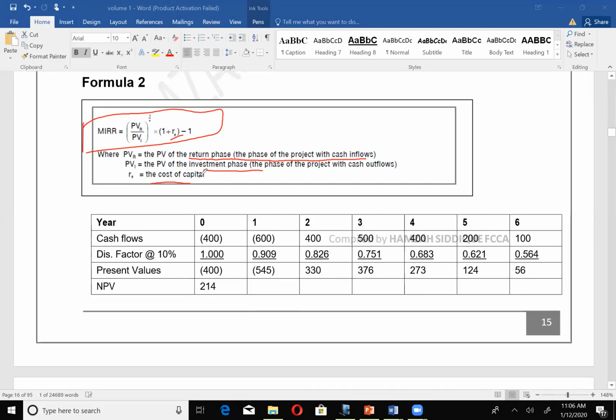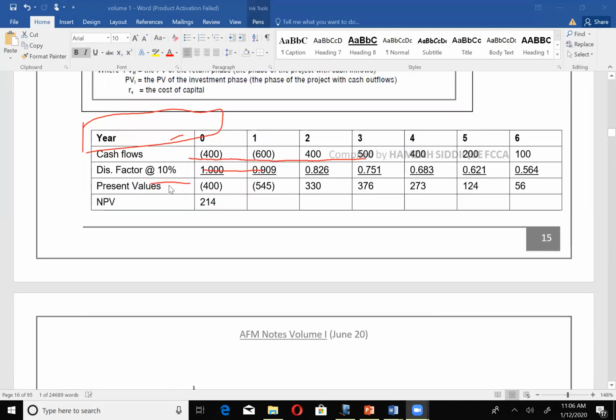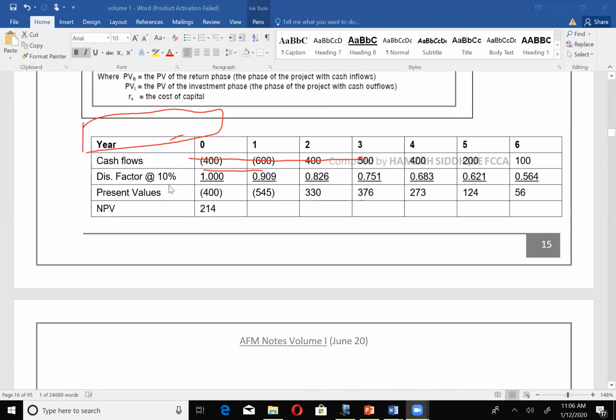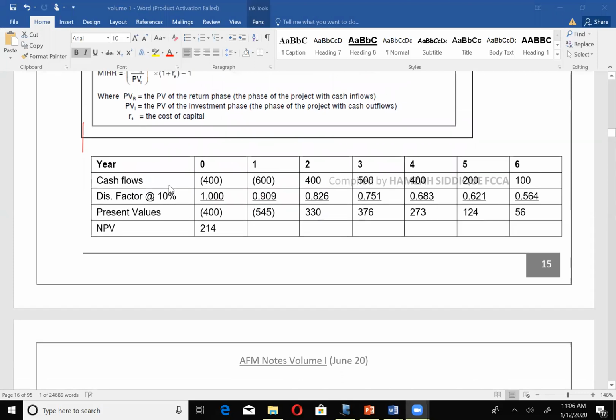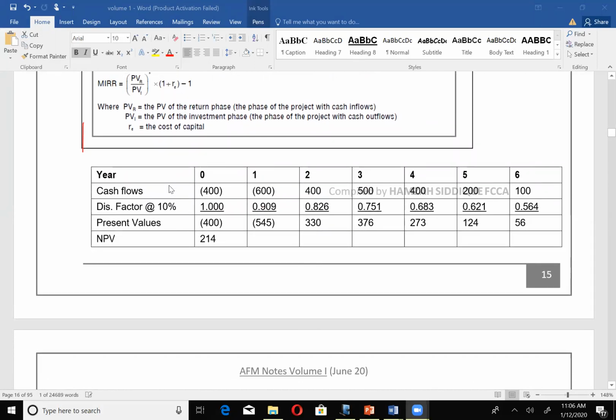So, minus 1. For example, a project has the following cash flows in front of you. First of all, we need to calculate their present values.